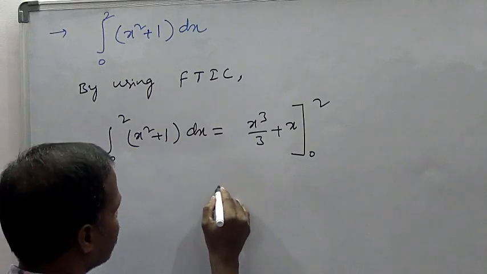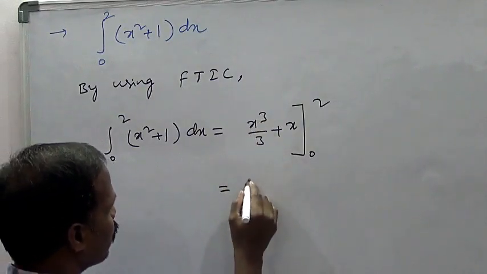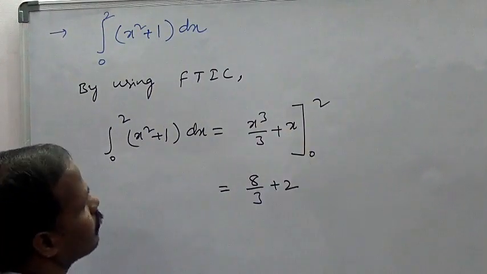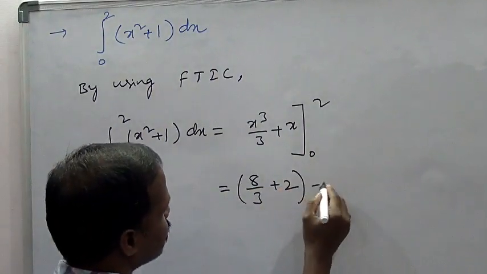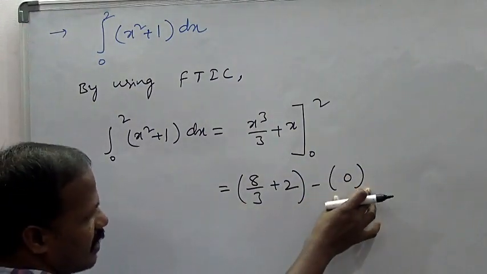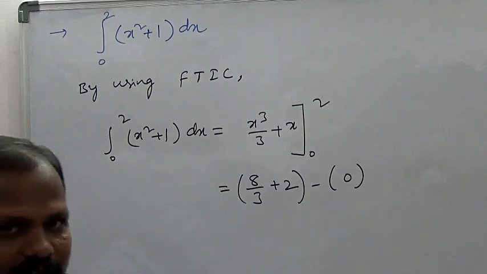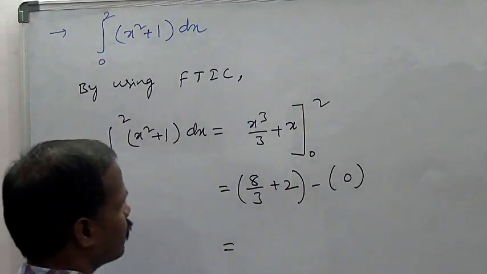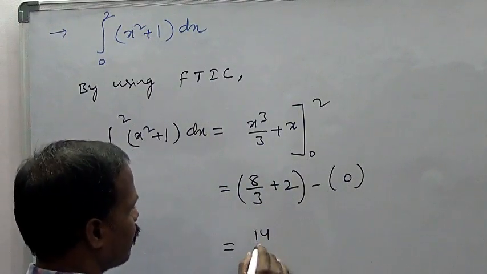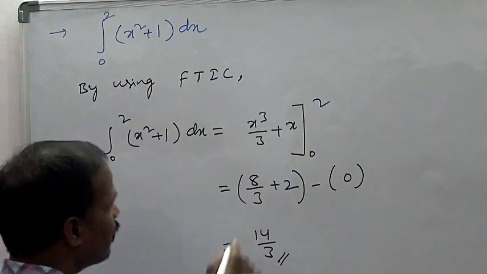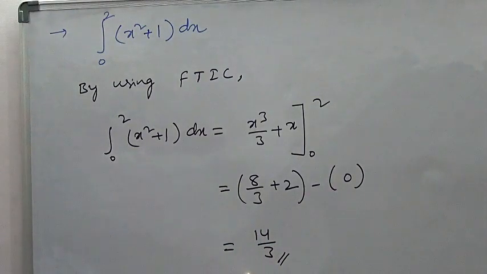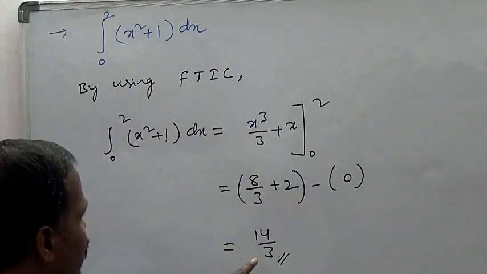So this is equal to 2 cube, 8 by 3, plus 2, minus, if you substitute 0 you will get 0, F of b minus F of a. So 3 twos are 6, 6 plus 8 is 14 by 3. So this is the integral value of this function by using the fundamental theorem of integral calculus. Remember this value.